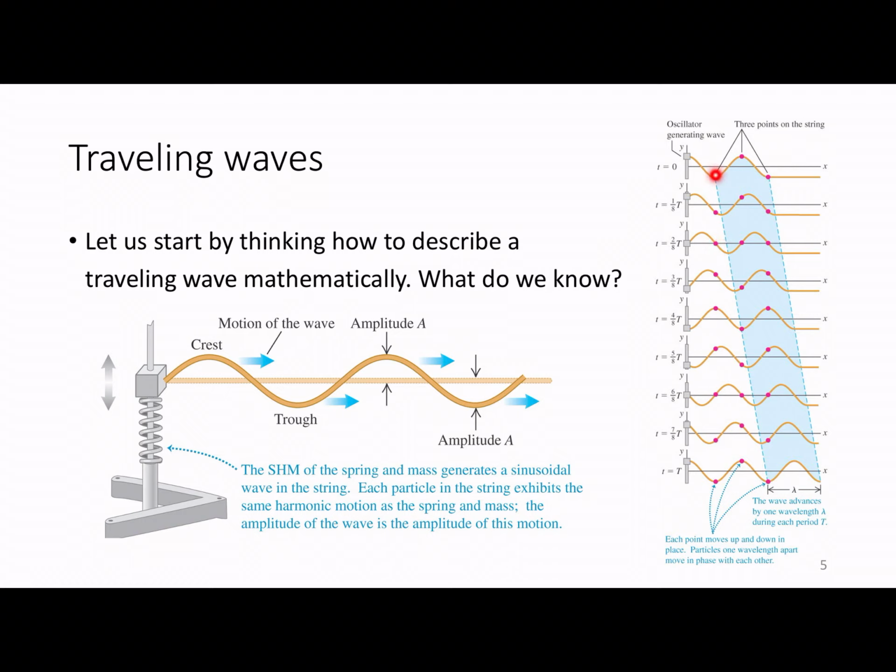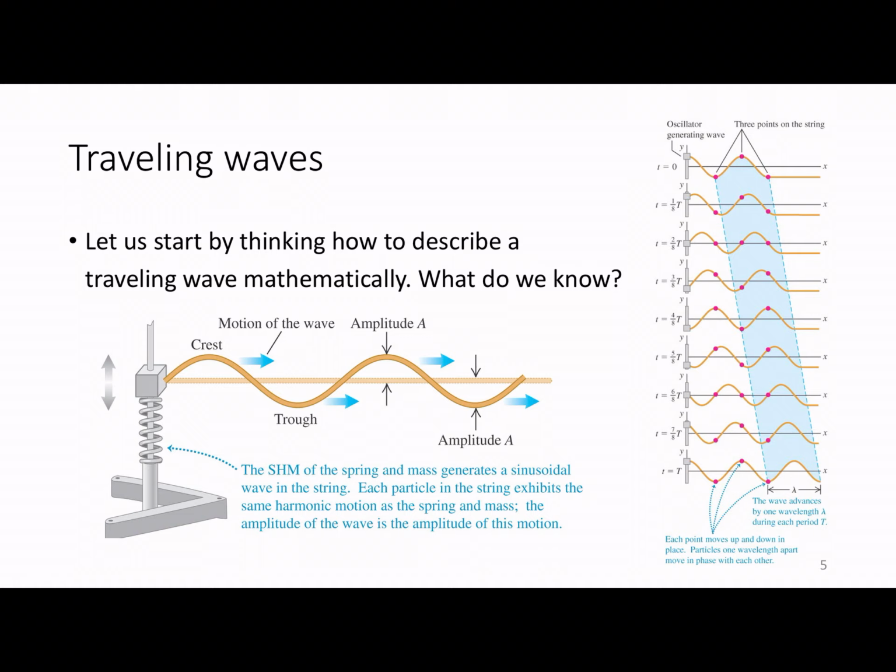If I track, for example, the bottom of this potential, after a little bit of time, the bottom will move to the right, and it'll keep moving to the right until eventually it comes back to the next place where that was a minimum. On this set of snapshots, I can see two different things.